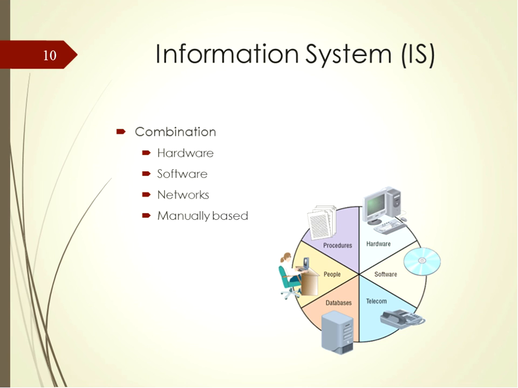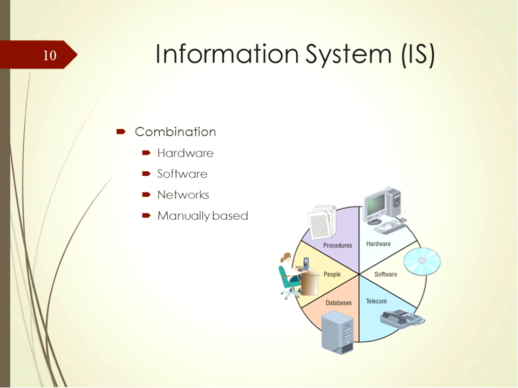Information systems can be manually based. For the purposes of this discussion, the term refers to computer-based information systems, or CBIS. Computer-based information systems are combinations of hardware, software, and telecommunications networks that people build and use to collect, create, and distribute useful data, typically in an organizational setting.